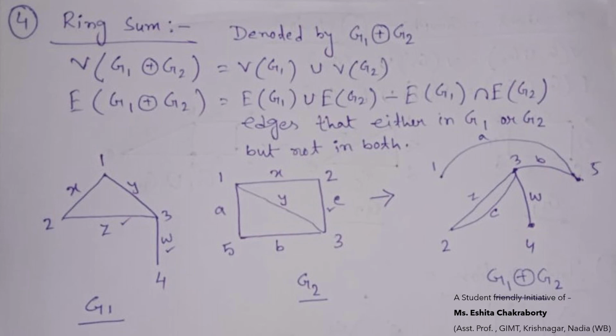Now clearly in both graphs the common edges are x and y, which are joining vertices 1 and 2 and vertices 1 and 3. So we have to reject these two edges and we take the other edges, and in this ring sum we take the other edges.